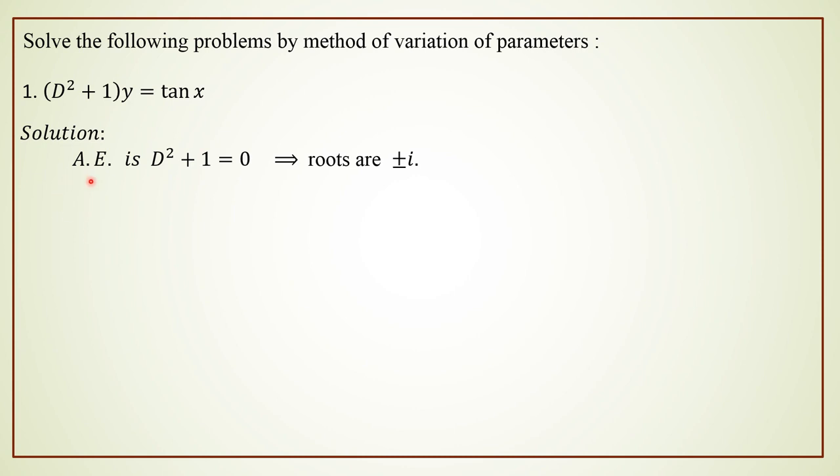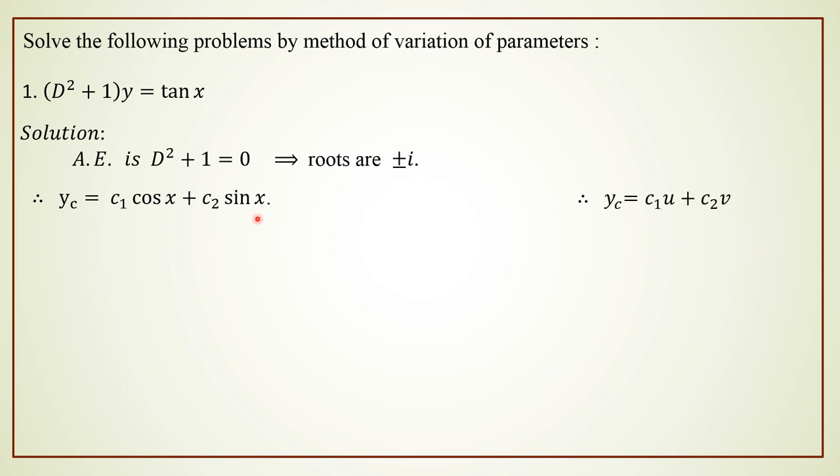What is the auxiliary equation over here? The corresponding auxiliary equation is D square plus 1 is equal to 0. Therefore, the roots of the auxiliary equation over here are plus or minus i. Hence, we know that the complementary function can be written as yc is equal to c1 cos x plus c2 sin x.